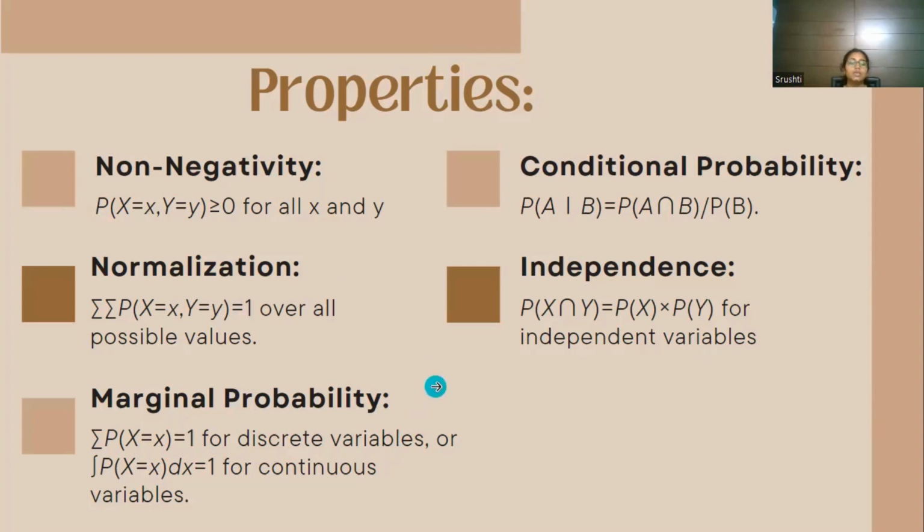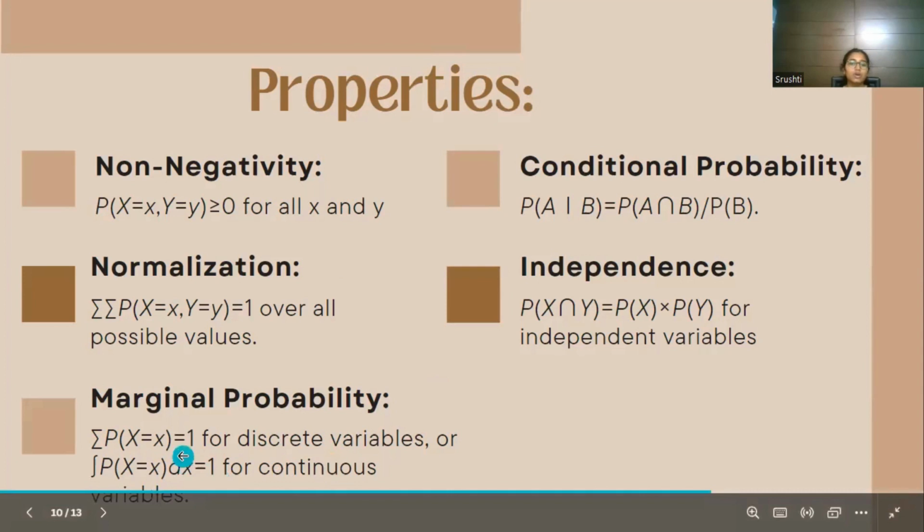Marginal probability. The summation of P of capital X equals x equals 1 for discrete variables, or the integration of P of capital X equals x into dx equals 1 for continuous variables. That is, the marginal probability should always be equal to 1 for the summation of all the values in discrete variables and integration of all the values in continuous variables.